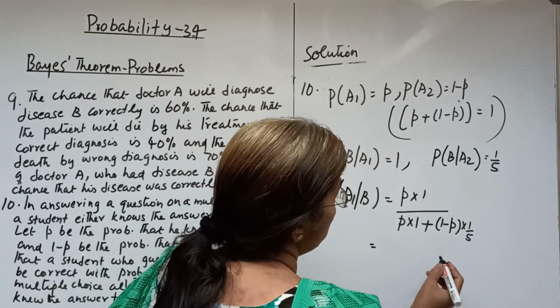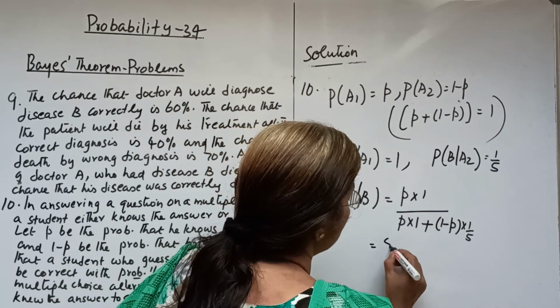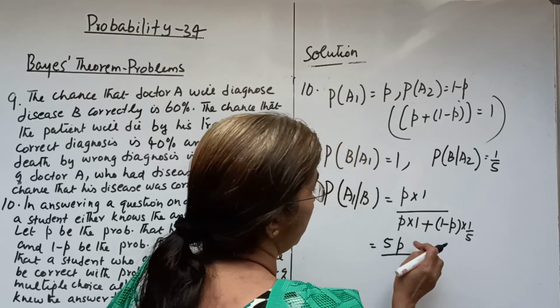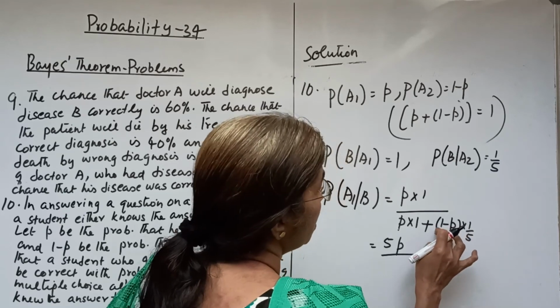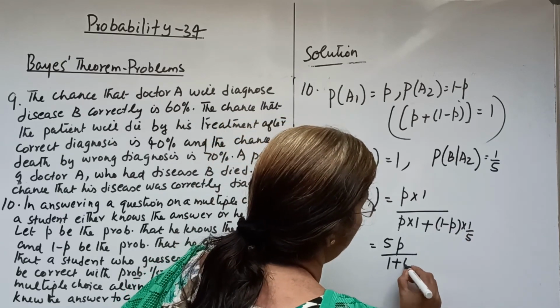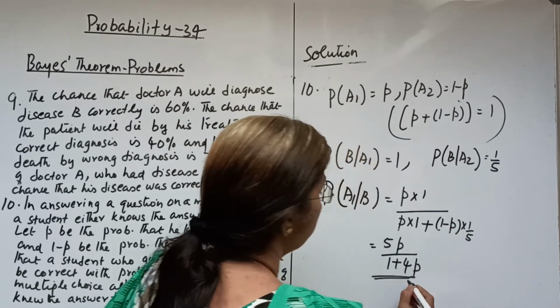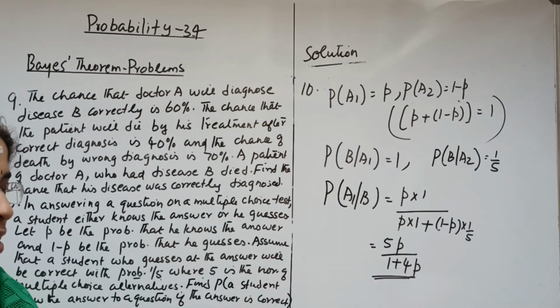On taking LCM we get 5P divided by 5P plus 1 minus P, that is 4P plus 1. So 5P divided by 1 plus 4P is the answer.